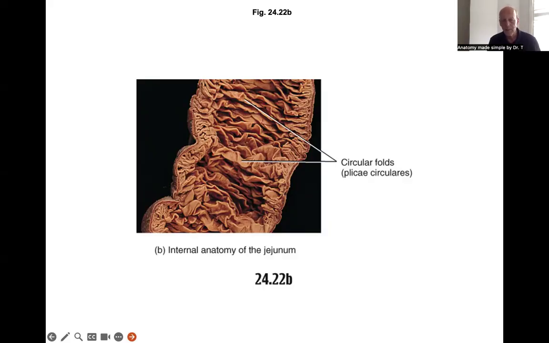When we add plicae circulares and then villi, which are submicroscopic projections seen on the surface of plicae, we easily come up with an absorptive surface of the small intestine comparable to over 200 square meters. So from less than a meter to an unbelievable expansion of this intensely valuable surface.